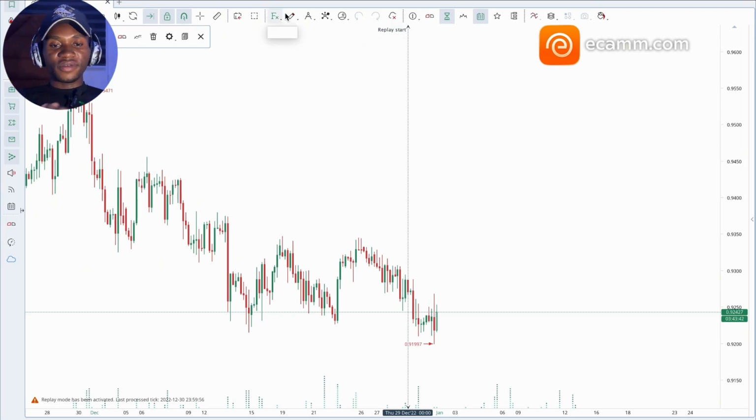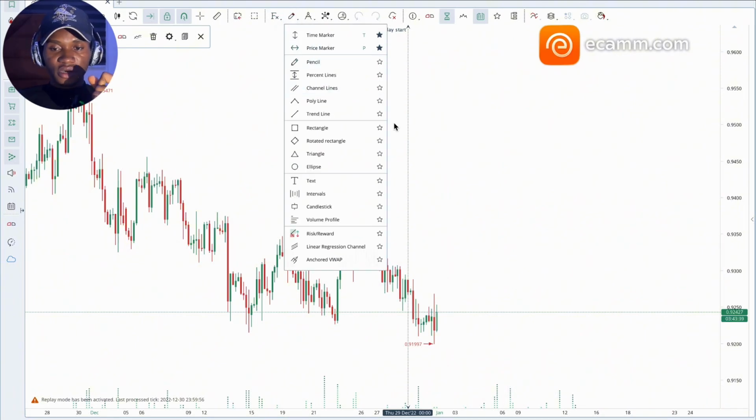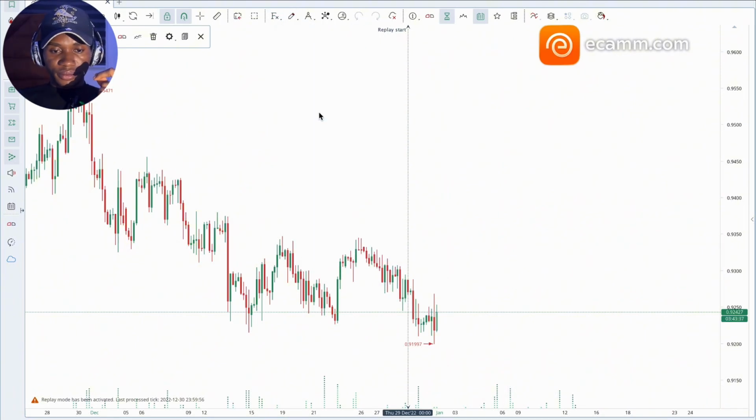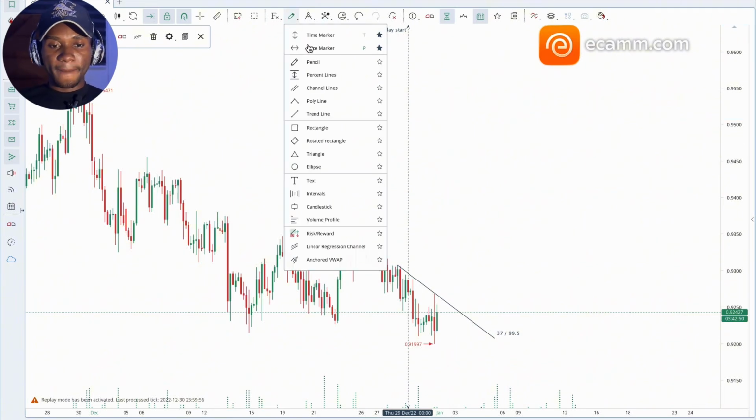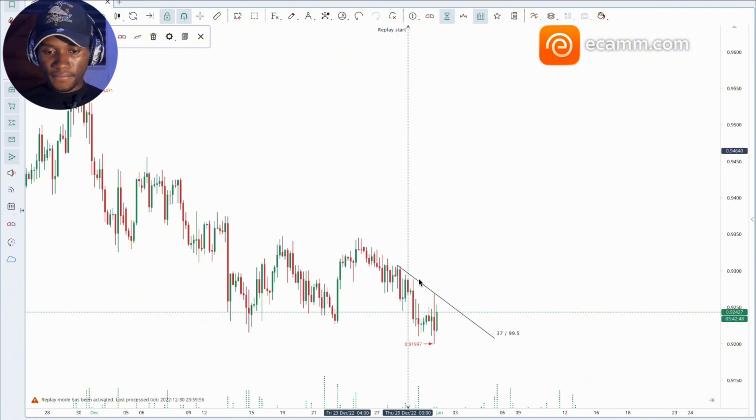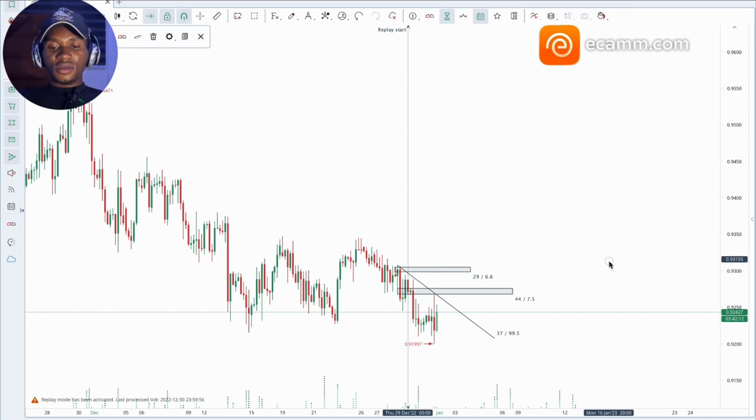So now what's our area value? Let's draw a trend line to know our area value. You want to draw a trend line between the two recent lows. So I'm just gonna draw my area value now.